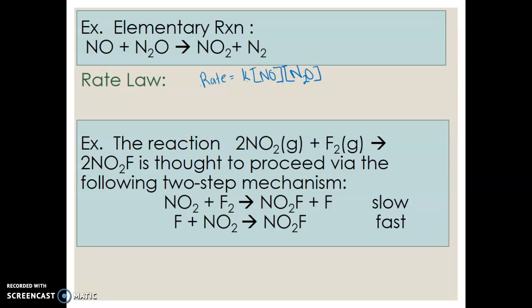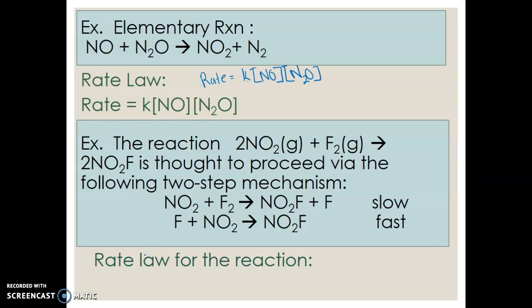We're going to write the rate law based off of the slow step: rate equals k times NO2 times F2.